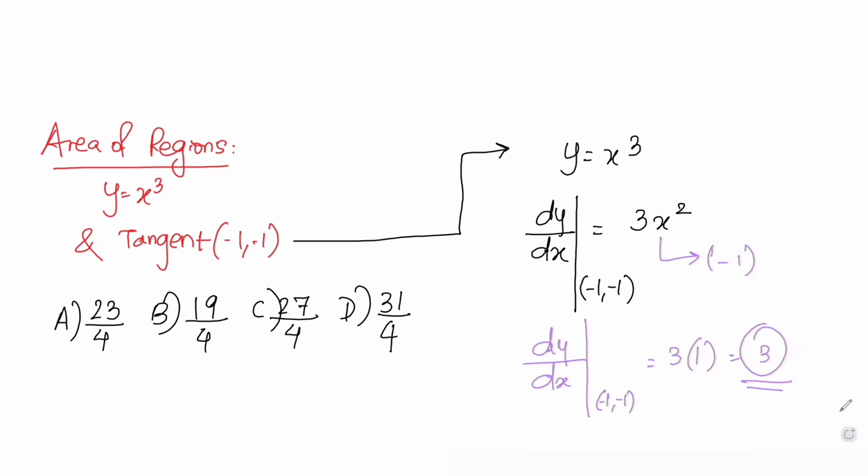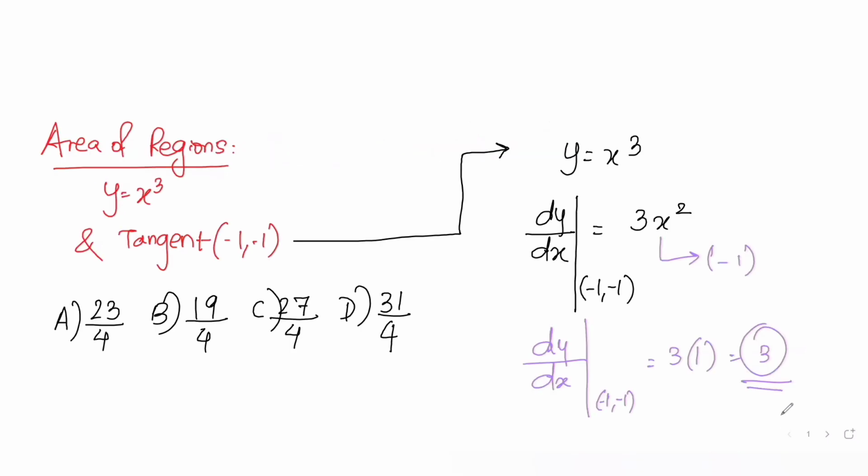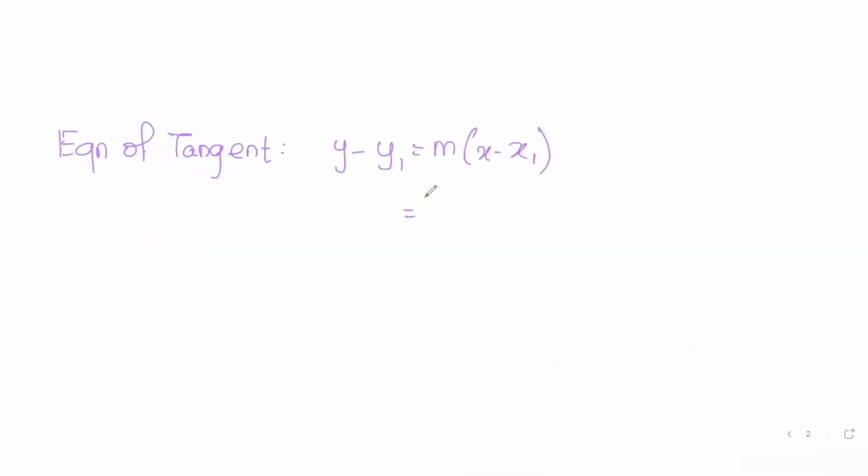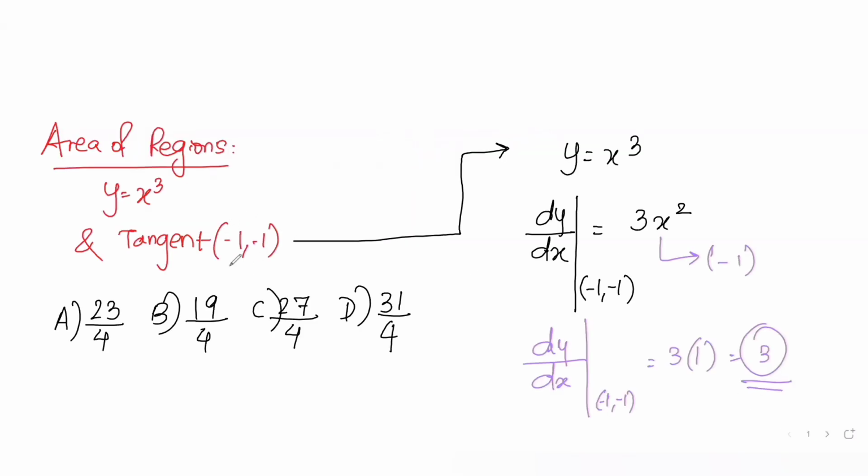Now if I want to find the equation of the tangent, it is given by y minus y1 is equal to m into x minus x1, where m we already know is the slope of the line, which is 3, and x1, y1 are the coordinates, which here are minus 1, minus 1.